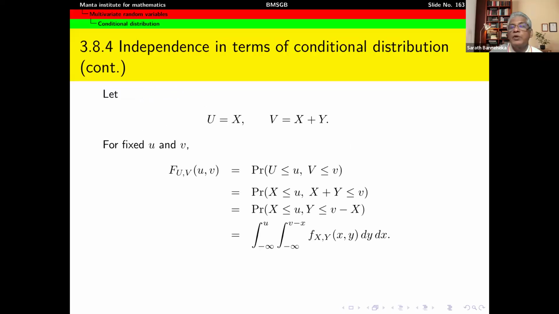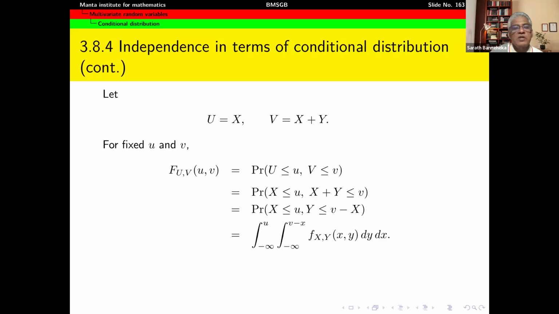Right. Because now we are considering a new situation, let's give them two new names. Let's say consider U is equal to X and V is equal to X plus Y. So what we are interested in is the joint density function of U and V. There are several methods to derive this, but up to now we have not discussed more than one method.